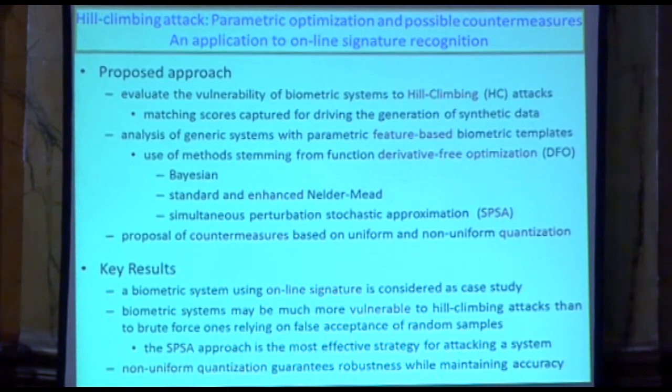And the non-uniform score quantization is able to provide much more robustness with respect to standard uniform quantization when we try to provide security to the system. So if you are interested in this topic, I would like to have further discussion with you in the poster session. Thank you very much.